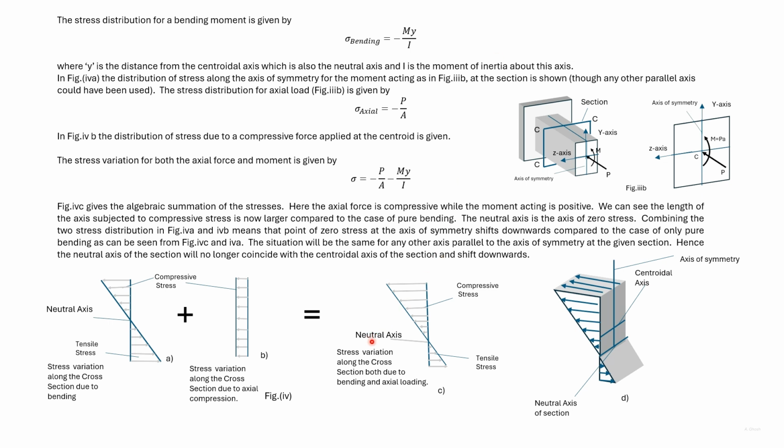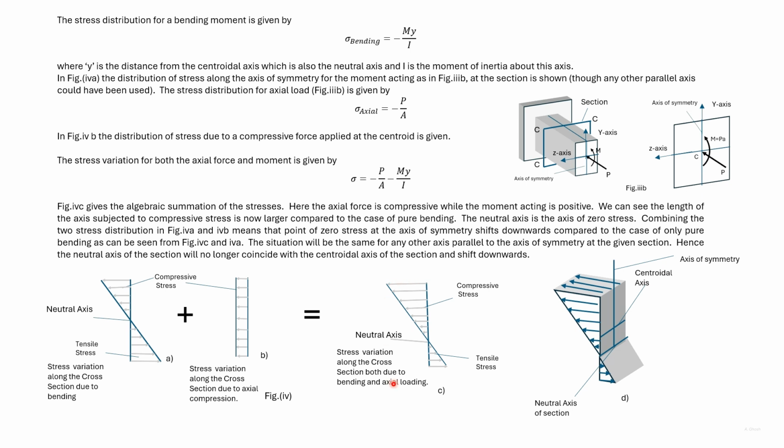We notice that the neutral axis, or the axis of zero stress, has shifted downwards from the centroidal axis, which in the earlier case of only bending coincided with the neutral axis.